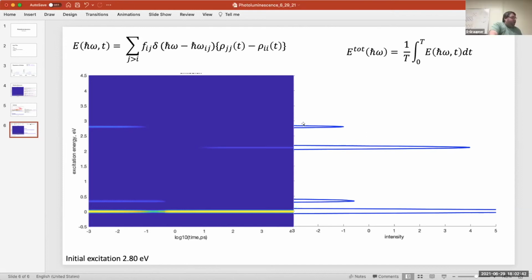This is where we see the bright transitions and how they relate to time. So despite this transition at 0.3-ish eV looking about the same size and intensity as this transition at 2.1, the 2.1 happens over a much longer period of time. So it is a much larger peak.